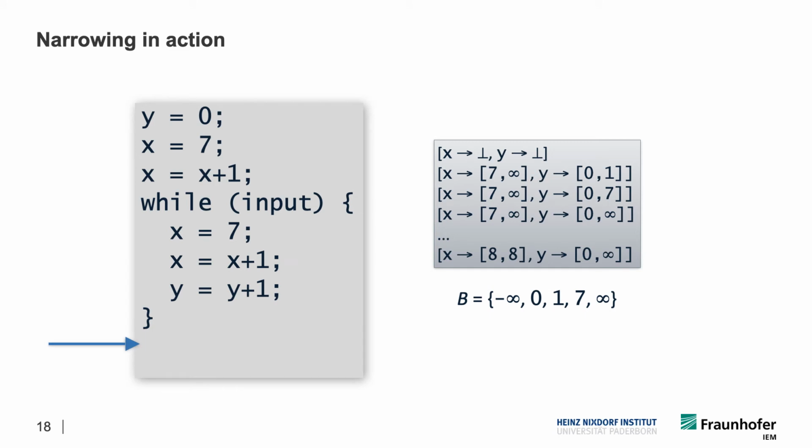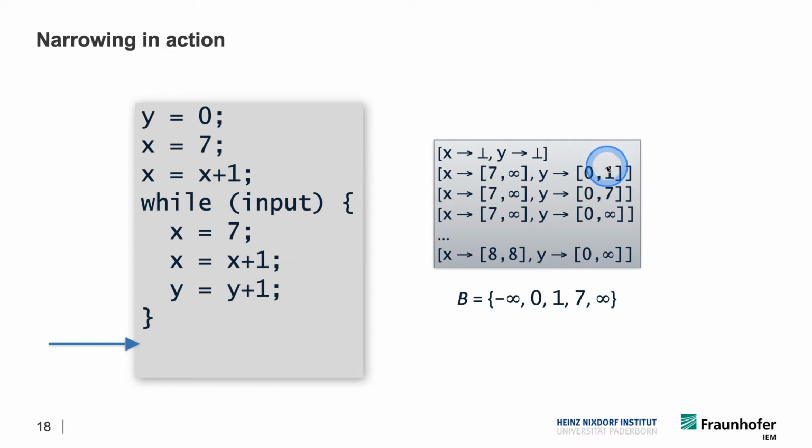We have already seen this example before, right? And if you remember, in the widened case, we had the situation that I'm showing you here. So for x, we were computing this interval from 7 to infinity because that's the only interval that we could possibly compute using these boundary values that we had defined.